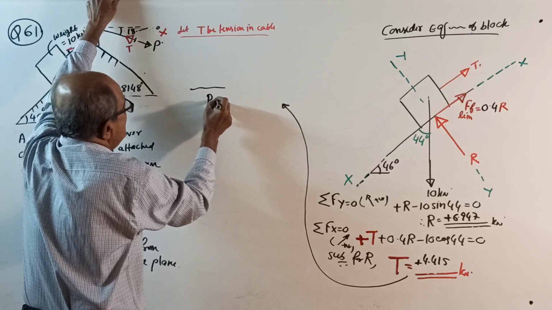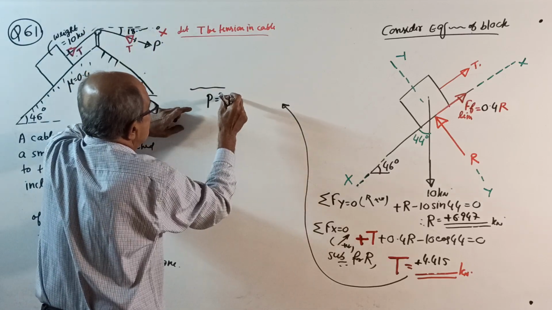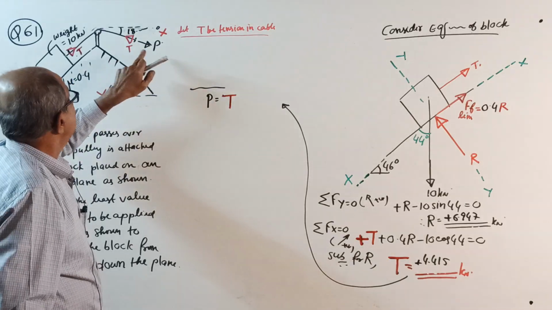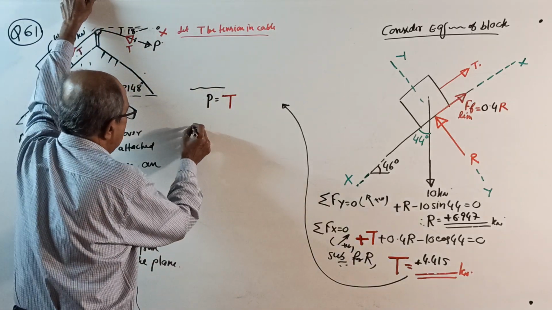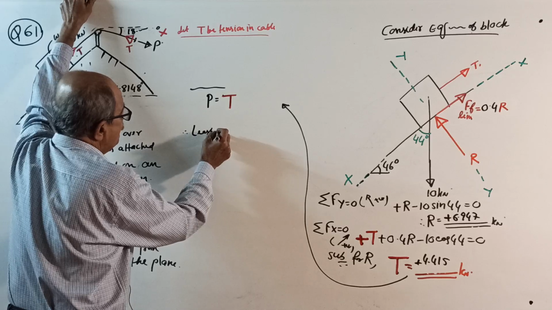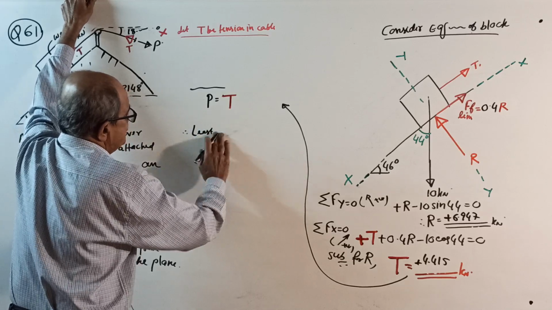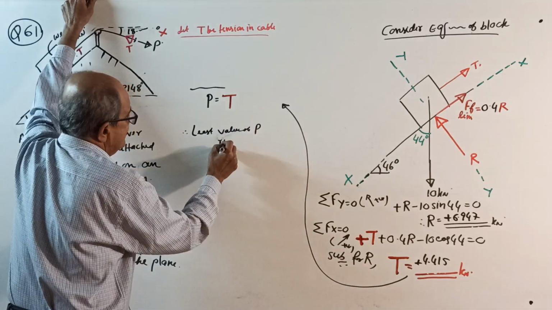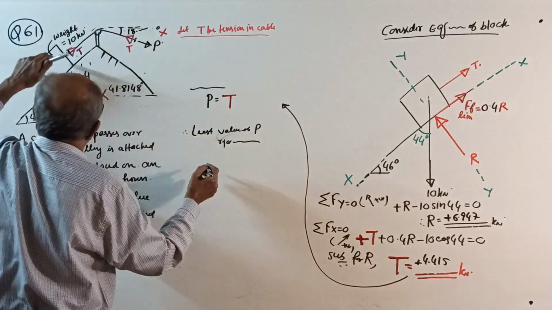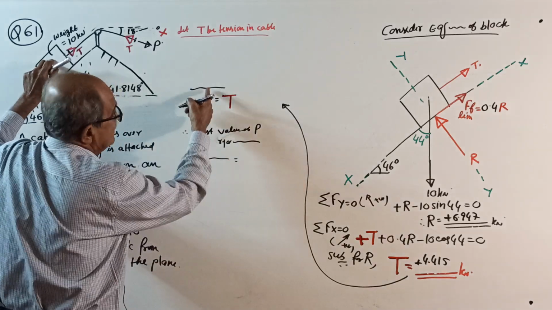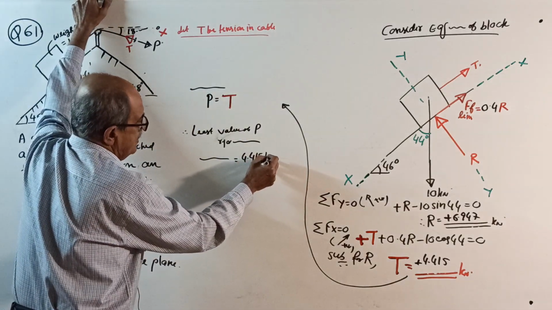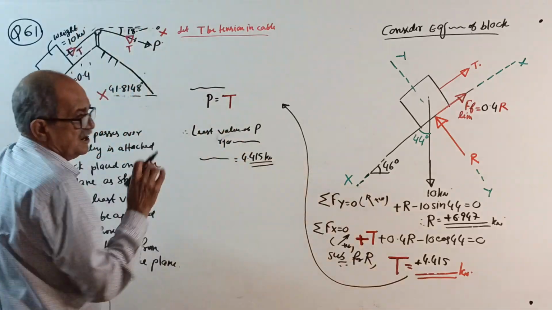P will be equal to T. Whatever force you apply here will be the tension in the cable. Therefore, the least value of P required to prevent the block from sliding down is T, 4.415 kilonewton. Over. Question is over.